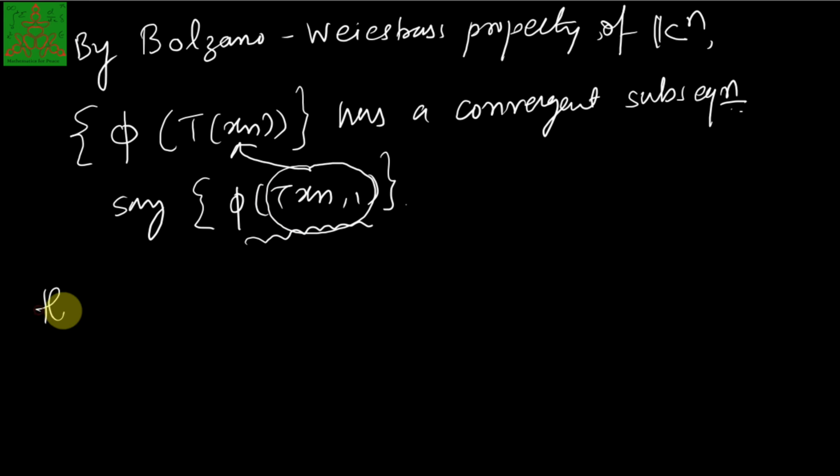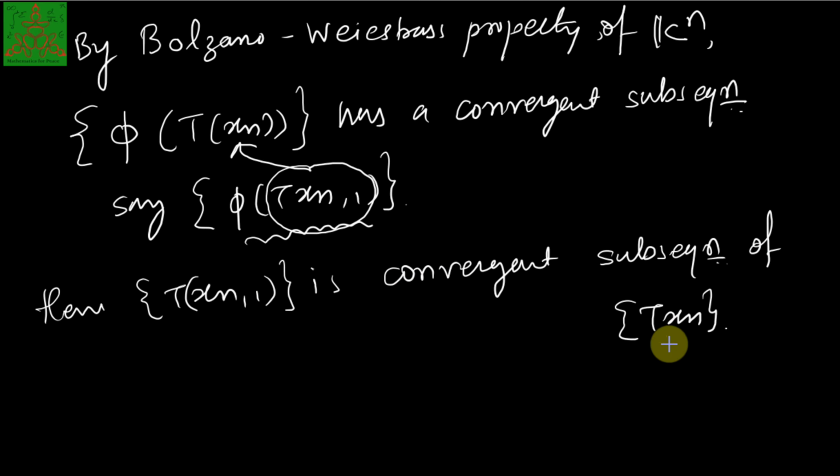So it is a convergent subsequence of T of xn, and therefore T is compact. So here we have proved that if your range space is a finite dimensional space, then your bounded linear operator will be compact.